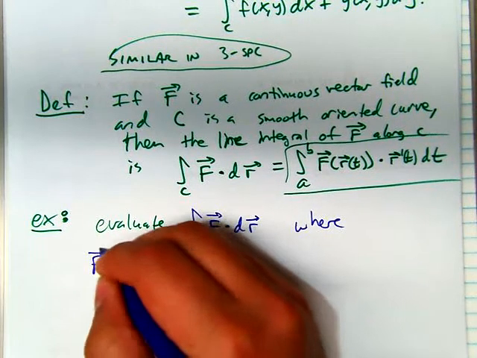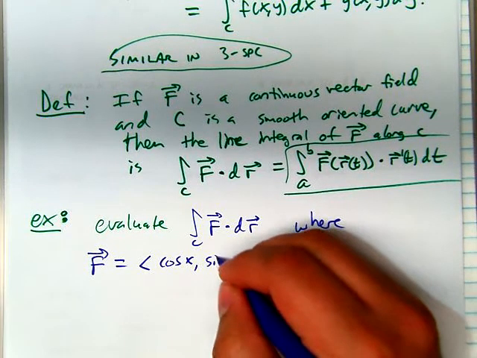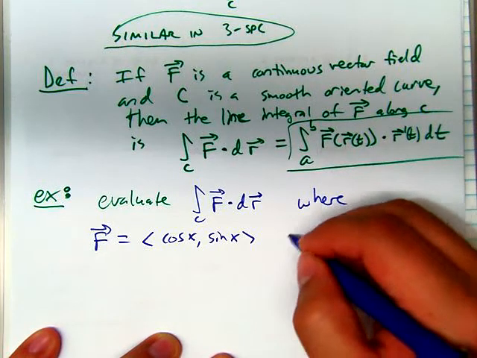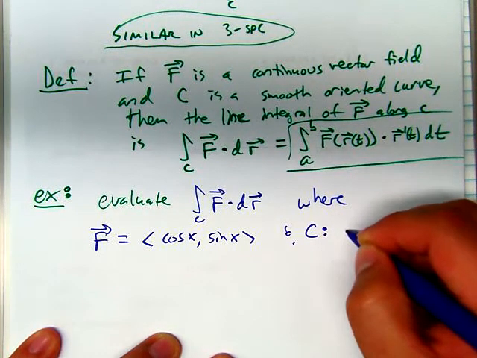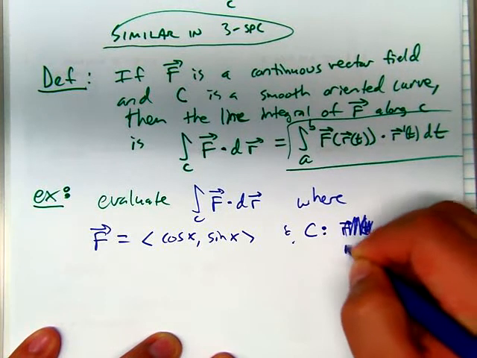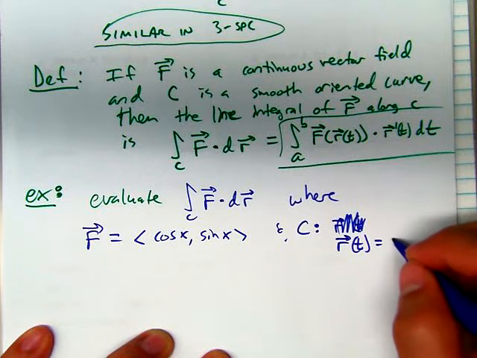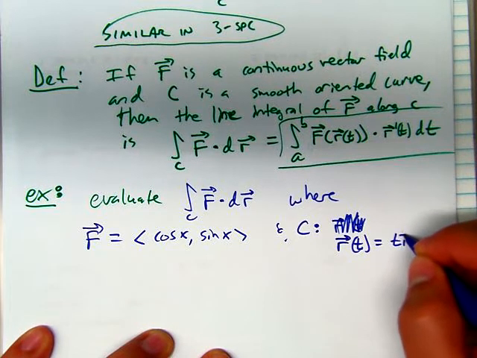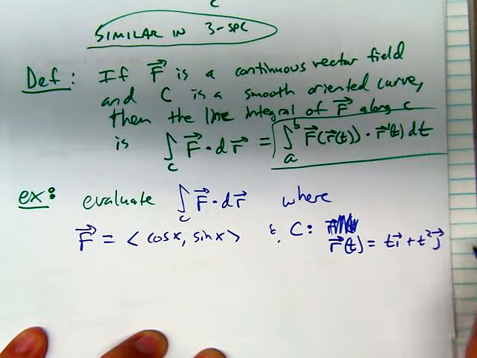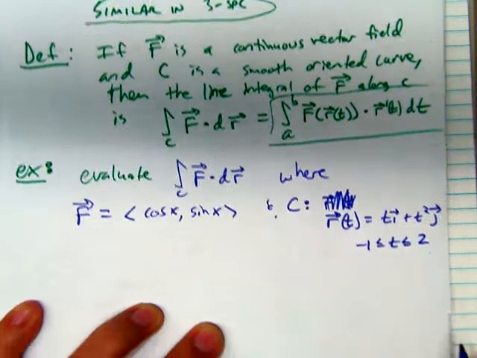Let's say the vector field has components cosine x, sine x, and C, sorry about that, C is the path r of t represented by t i plus t squared j with -1 less than or equal to t less than or equal to 2.